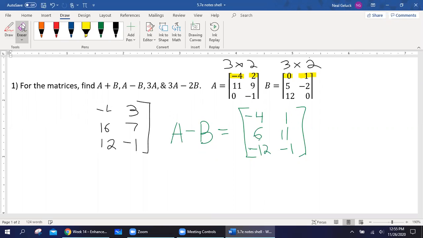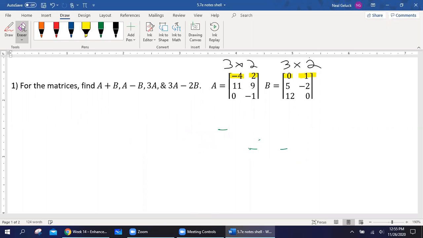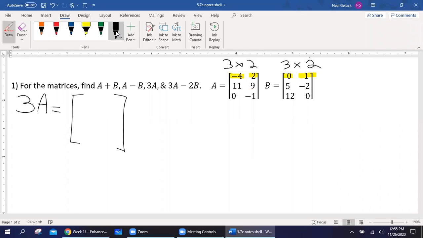Next one is 3A. That's scalar multiplication. So 3A means what you think it means. Take every element of matrix A and multiply it by 3.